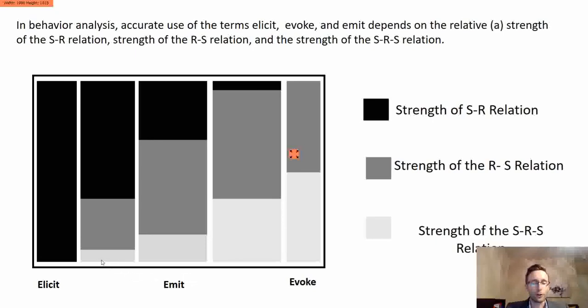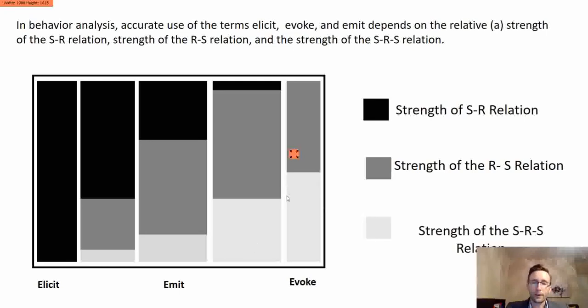Now notice also as we go from left to right, the light gray portion of each column is also increasing. That's indicative of the strength of the combination of antecedent and consequence control over the behavior.